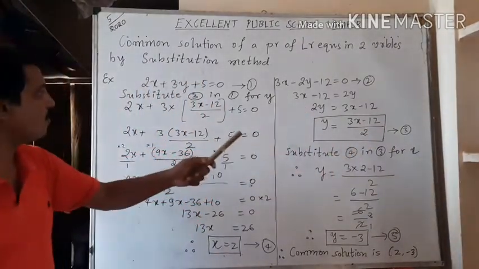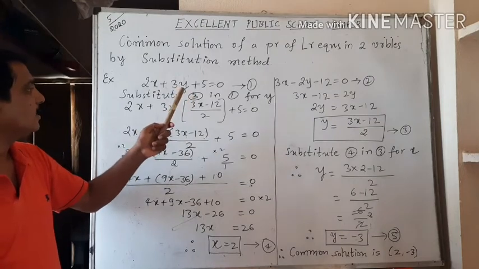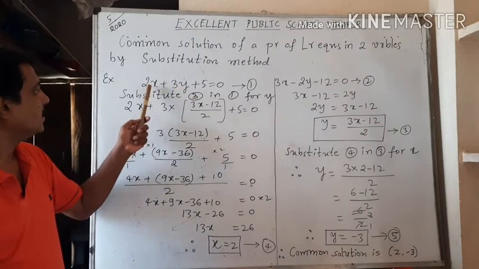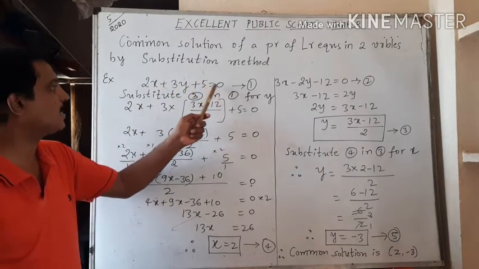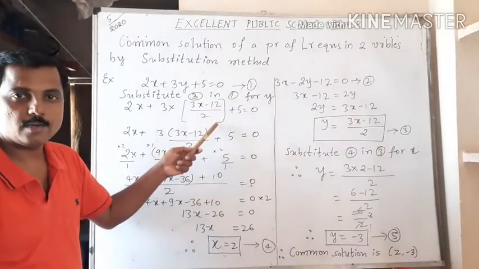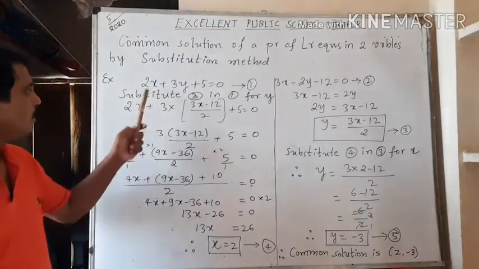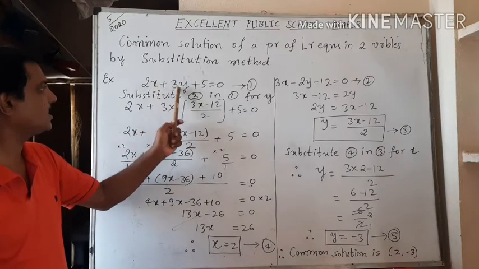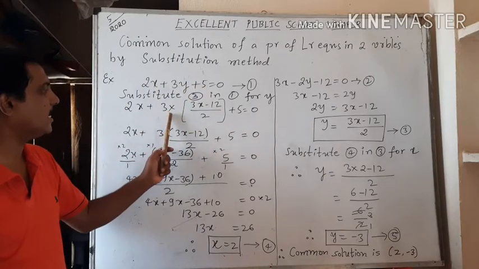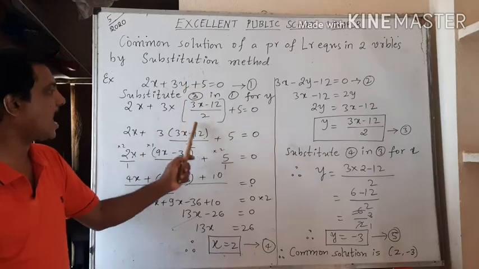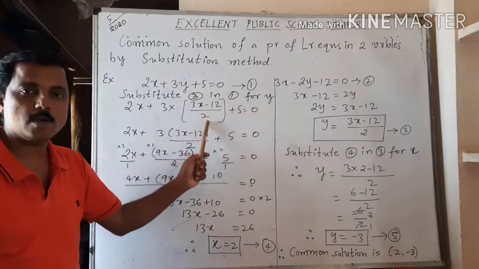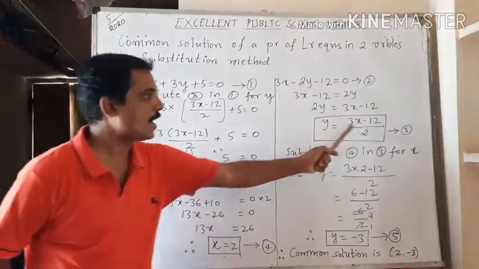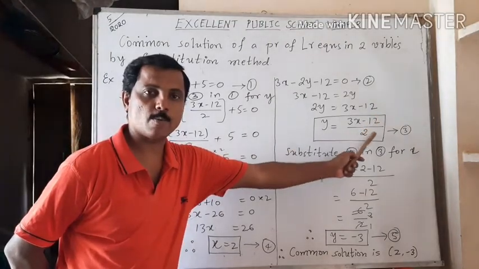The same value of y in 2x plus 3y plus 5 is equal to 0, I will put. Now 2x plus 3, it is into y. Therefore into, where there is y, I put 3x minus 12 upon 2. Because y is equal to 3x minus 12 upon 2 here.